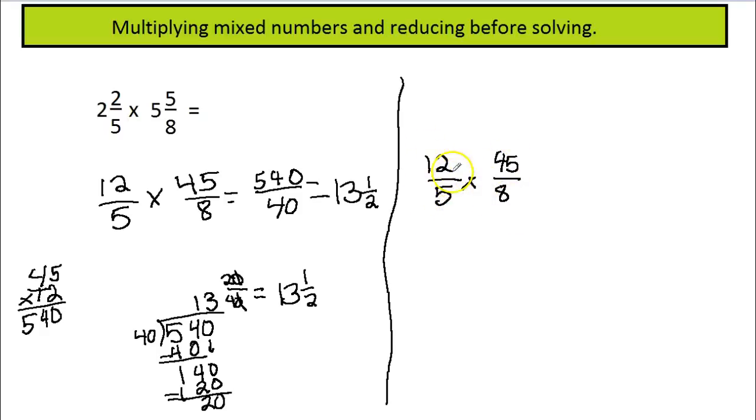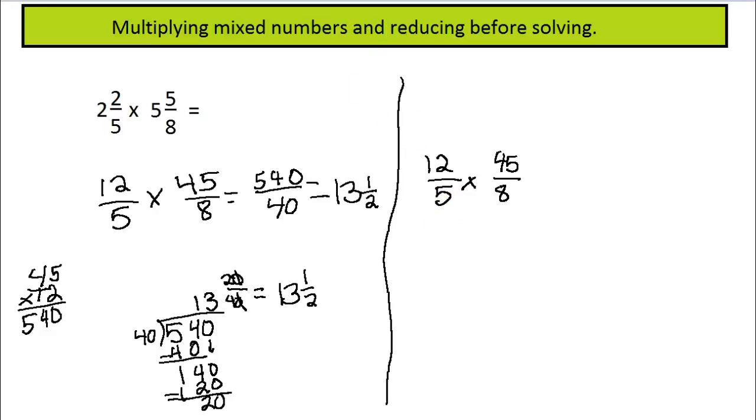So if I look at the two opposite numerator and denominators, I want to look to see if they have a common factor that I can divide them both by, almost as if these were fractions that I want to simplify. For example, I want to look at the 45 and the 5, and I want to think of it as if it was 45 over 5.